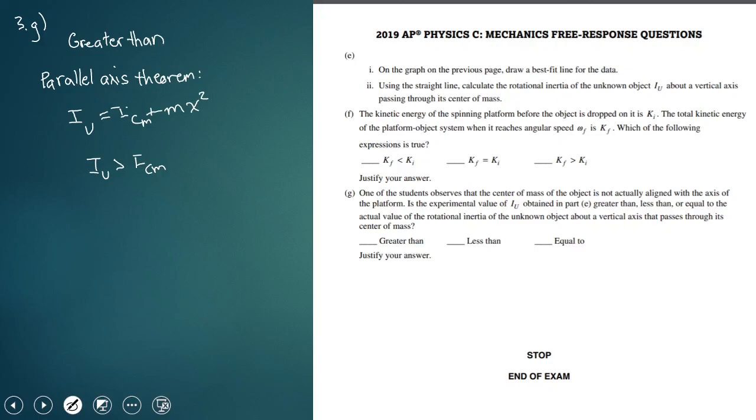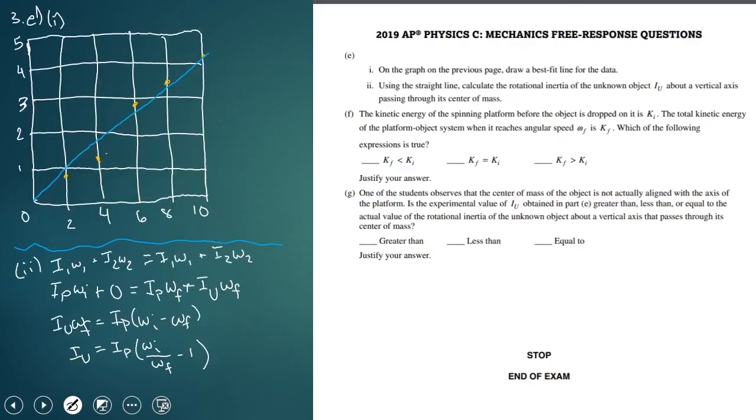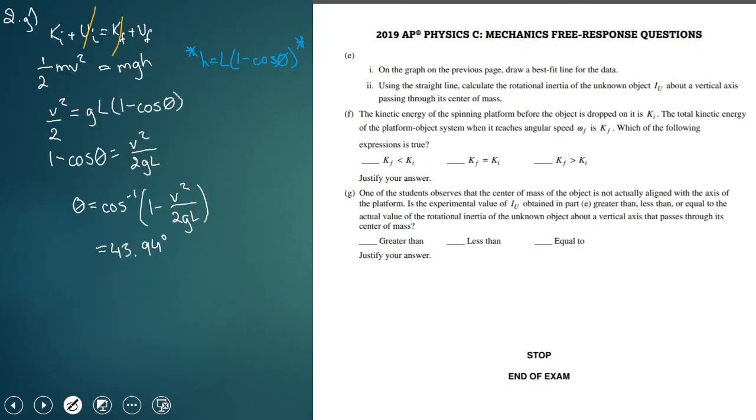So yeah, that marks the end of the 2019 AP Physics C Mechanics Free Response questions. Now, I will just point out this important statement in blue over here. This is something that you should definitely memorize, that H is equal to L times 1 minus cos theta.